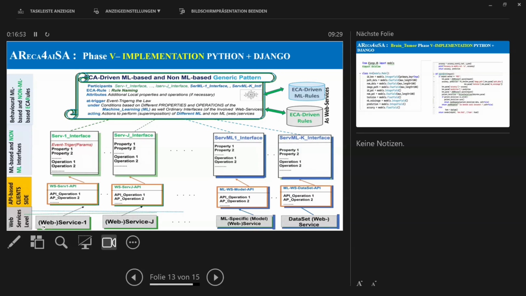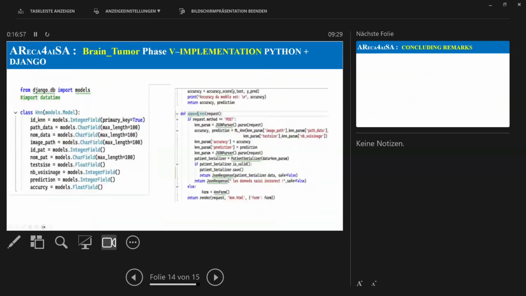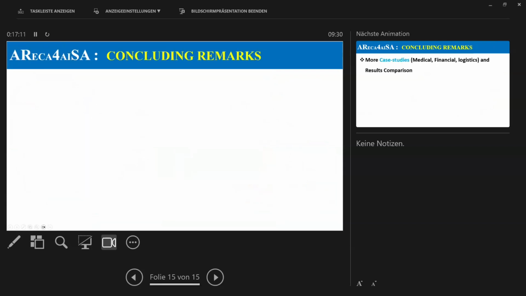So this is the fifth phase. This is just a snapshot of the call of the web service. This is the KNN class for the web service.